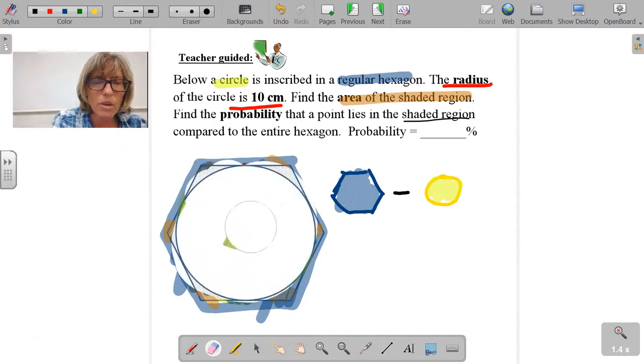Subtract that circle from the hexagon, and we will end up with the shaded region.